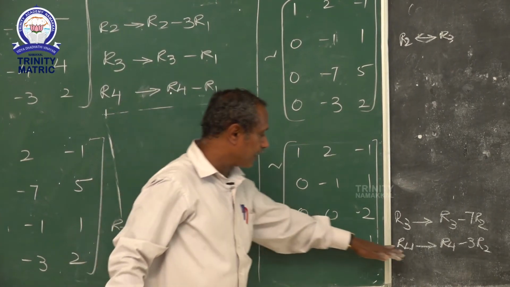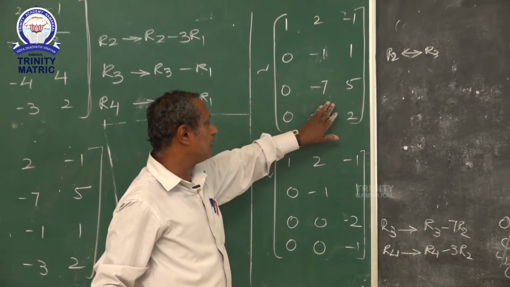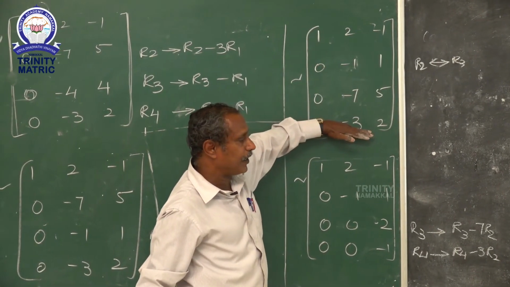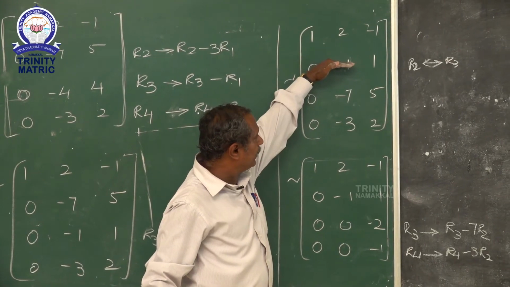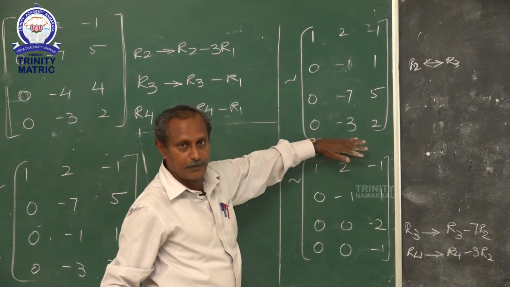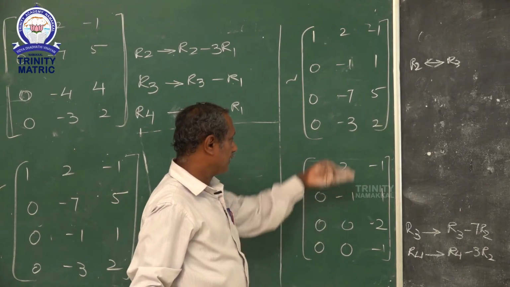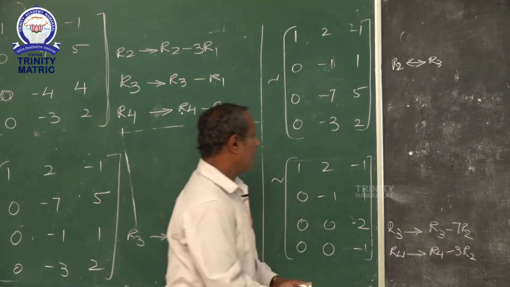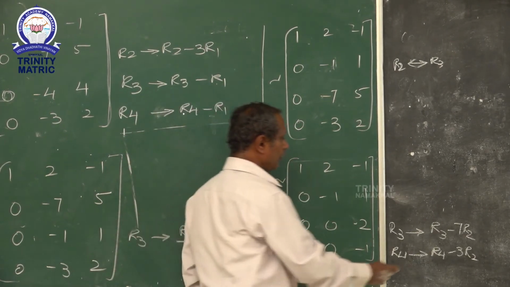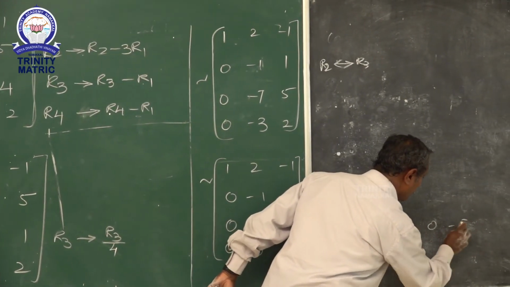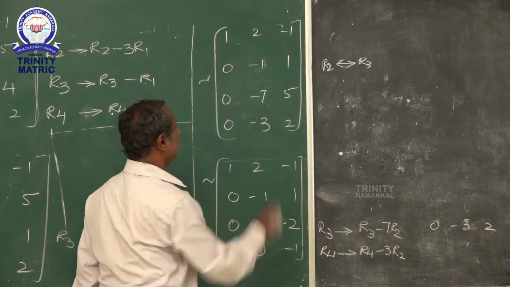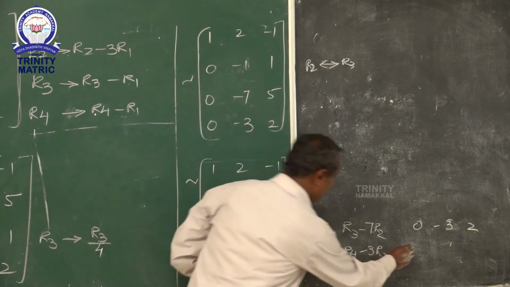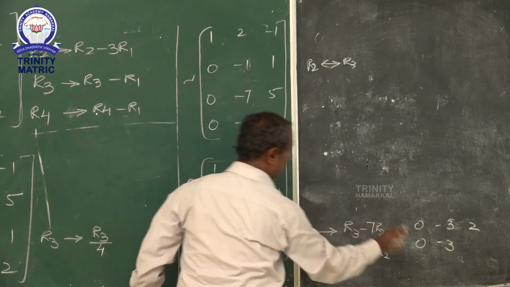In the same way we continue with the fourth row. We want to make this value 0. So we multiply the second row by 3 and subtract from the last row, that is the fourth row. Row 4 is 0 minus 3 2, and the second row multiplied by 3 gives 0 minus 3 3.